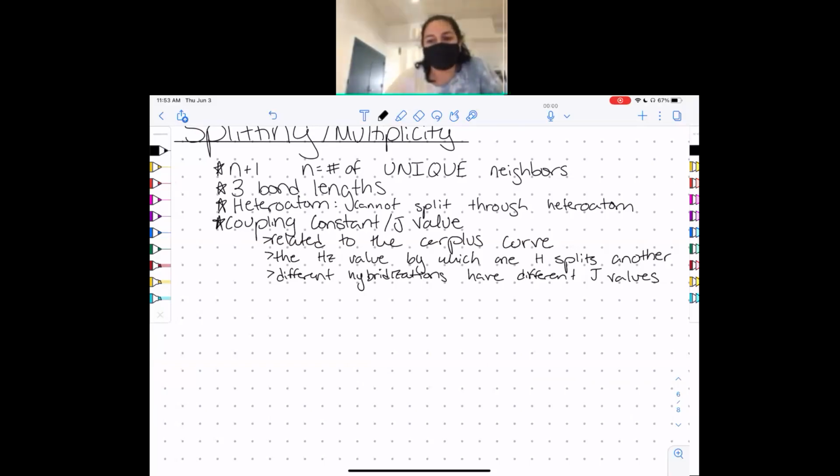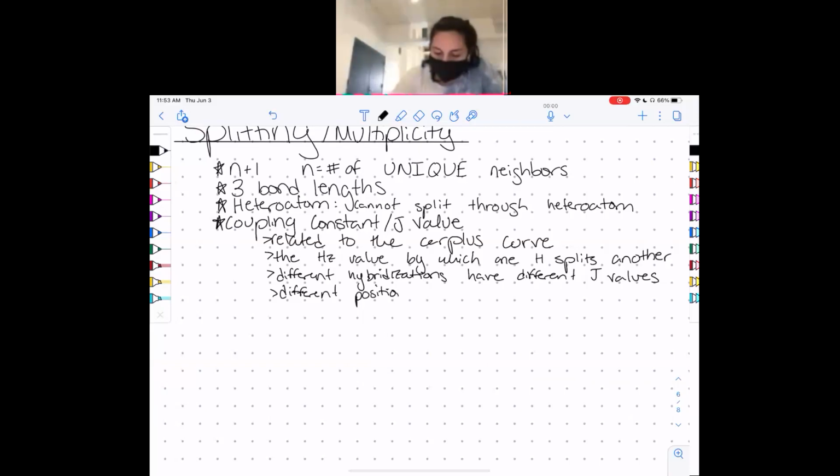But what's something he talked about with J values? Double bonds, triple bonds, but also something that looks like our friend benzene. Phenols, kind of. We're going to say kind of rings. Yes.